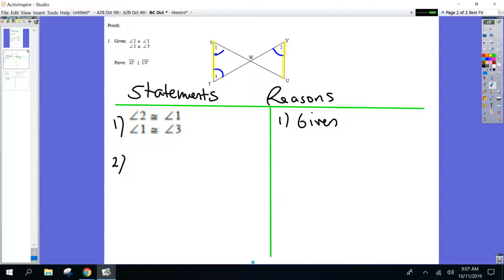About a 20-second discussion right now. If that was given, what 2 angles would be congruent up here? Use the numbered angles, please.